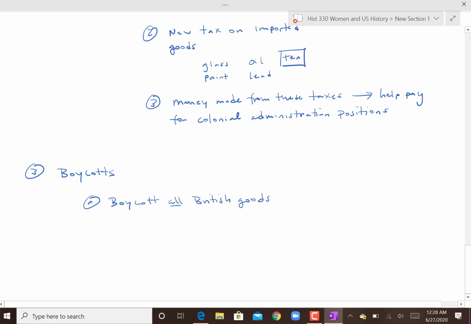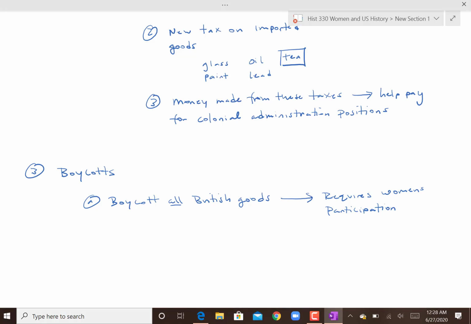The issue with this is this requires women's participation. You cannot successfully do this if you don't have women helping with this. And the reason, because a lot of women were responsible for the domestic sphere and cooking, cleaning, purchasing clothes, making clothes, doing all of that. This was going to impact them the most.